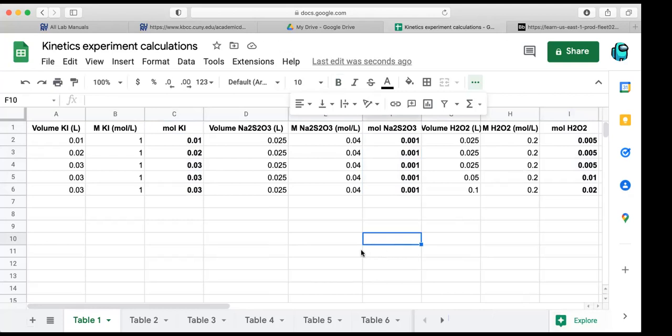Okay. So table 2, let's come up here. Is initial molarity.